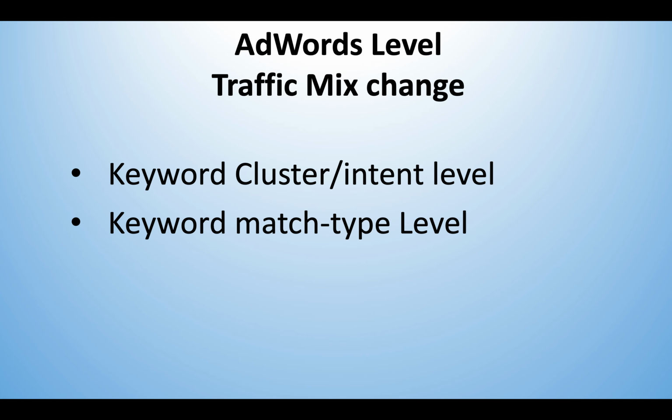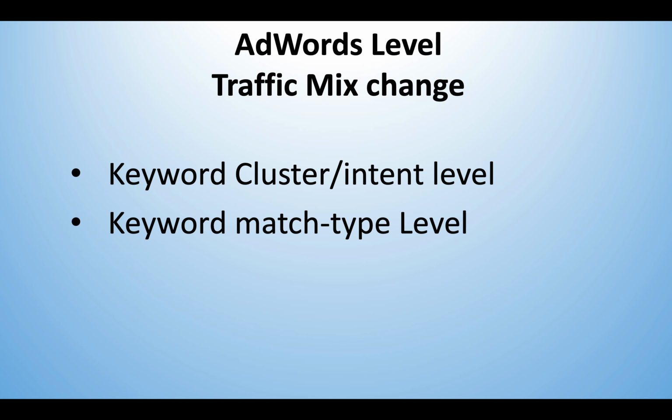For example, let's say your broad match contributed 60% of your traffic last month. This month it reduced to 40% and the contribution from the exact match increased. A broad match contribution could have both positive and negative effects. For example, a broad match could be triggering a long tail high intent keyword which will increase your conversion rate, or it could trigger keywords which are of low intent or low match which will reduce your conversion rate.